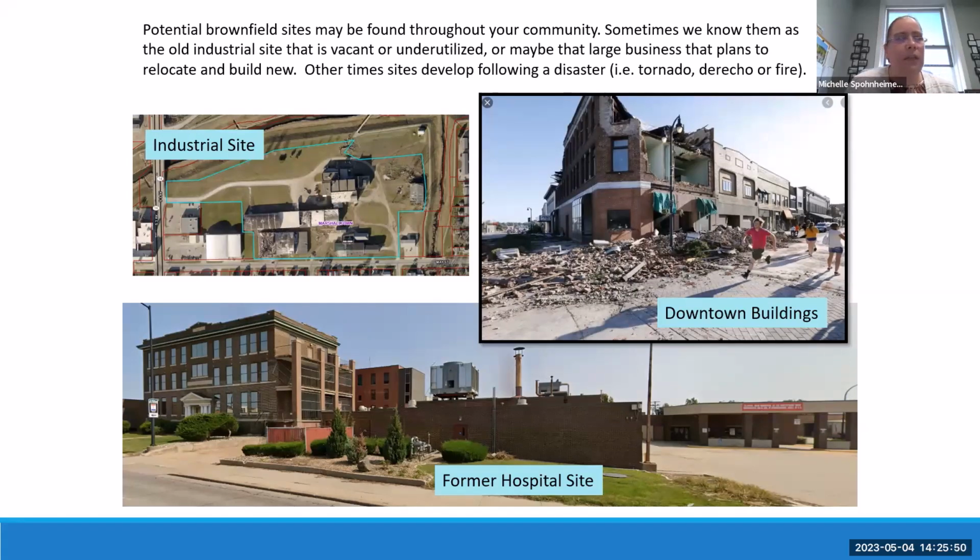So one of the big things that happened about 5 years ago, Marshalltown did experience an EF3 tornado that came through our community. And it went right down the Main Street corridor of our town, our whole northern half. And so sometimes you don't necessarily think about a site as being a brownfield site until a tornado rips half of it away, like you can see in the one picture there.